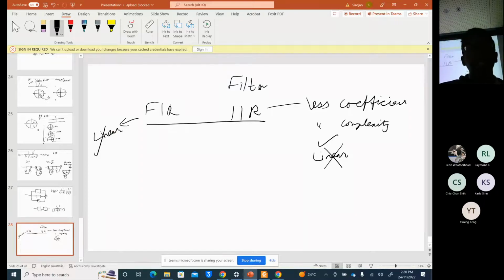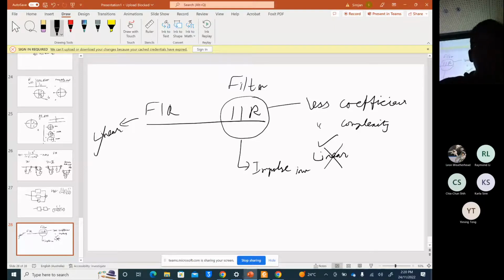And then you should know about the IIR filter design methods and the FIR filter design methods. Two methods are there for IIR. One is the impulse invariant transform. So what is the impulse invariant transform? You keep the impulse as it is. So that's how you get the impulse invariant method.